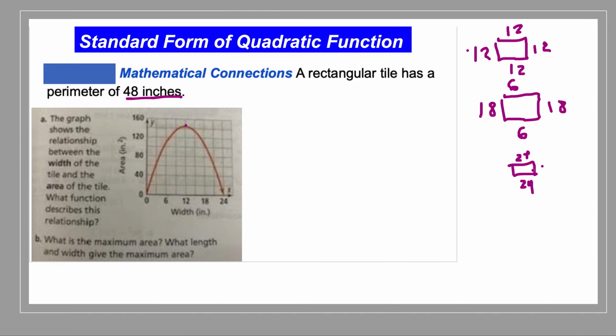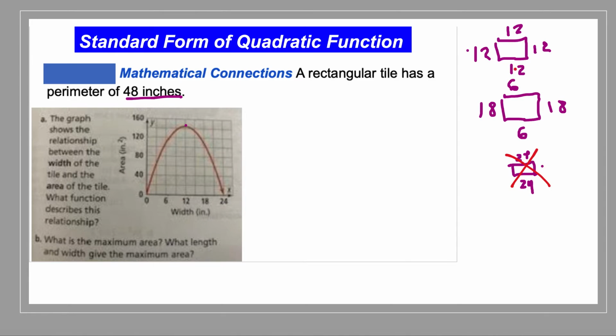That's why the area is going to be 0, because it does not satisfy 24, 24, 48. What happened with the length? This does not satisfy, so that's why here is a 0. Whenever the width is 0, the area is 0.